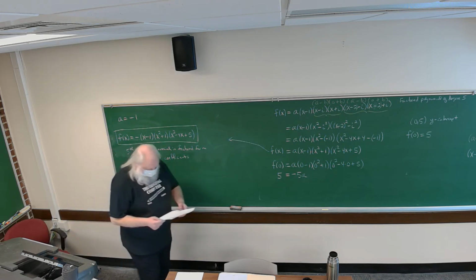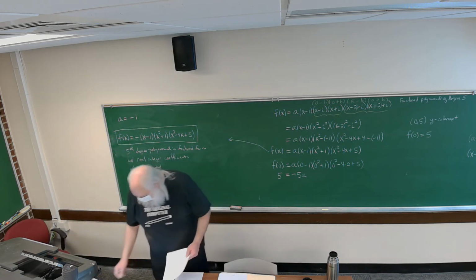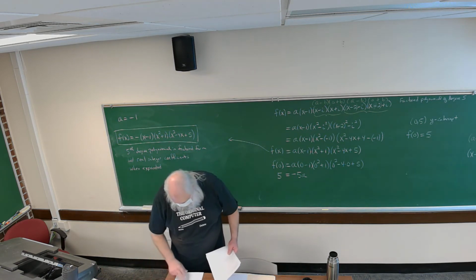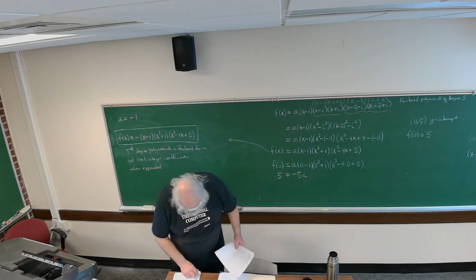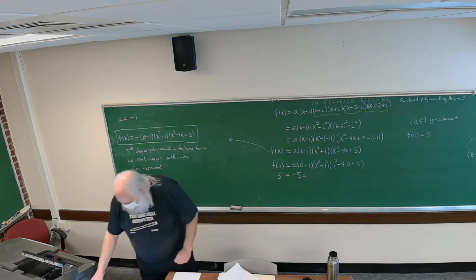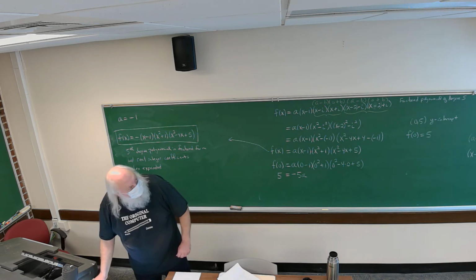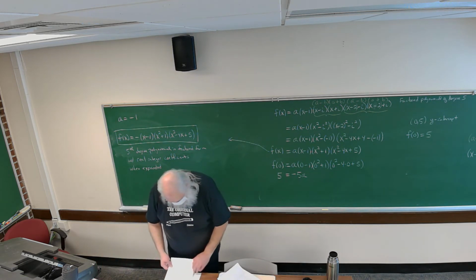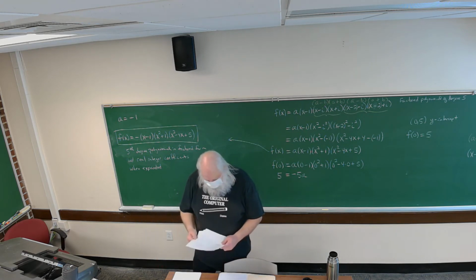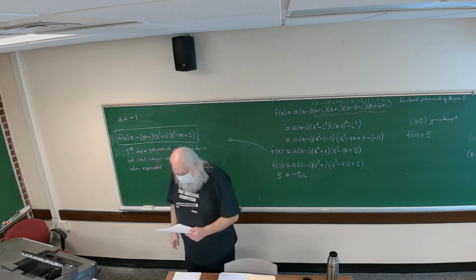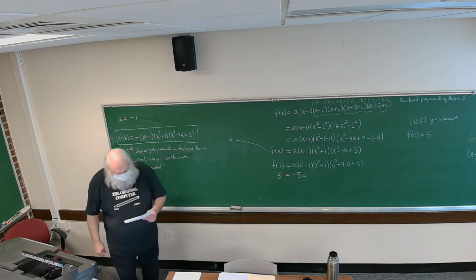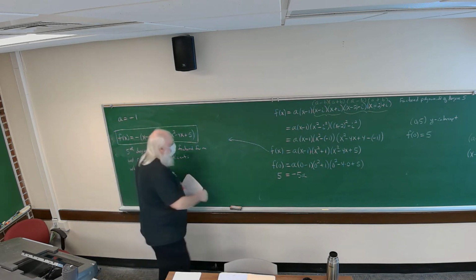Okay. All right, so let's take a look at example 8. Verify that x equals minus i is a zero of the polynomial function and find all other zeros.